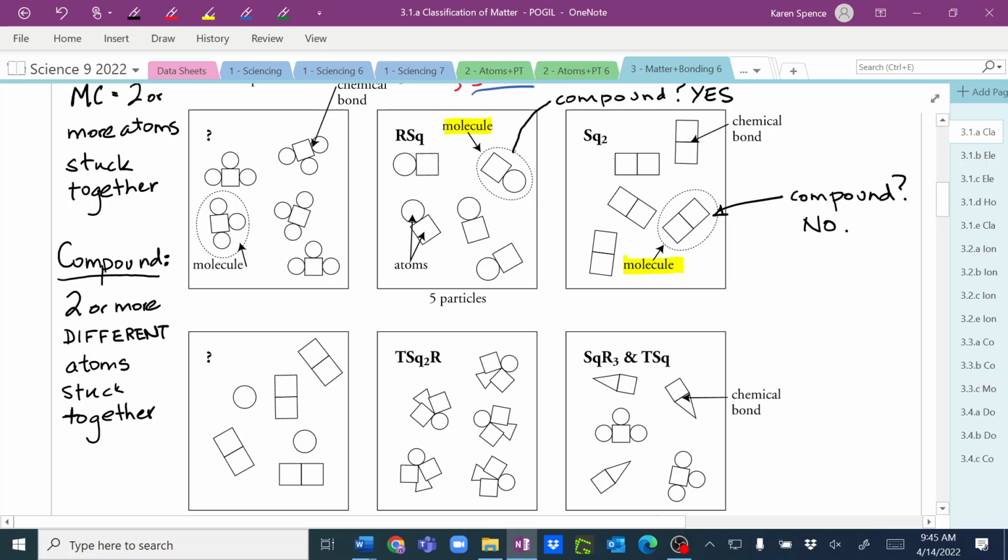So if I was to circle this particle here, is that a molecule? Yes, that is a molecule. Is it a compound? Yes, it is a compound.